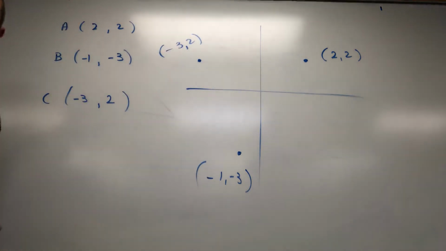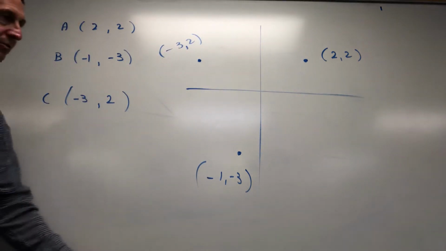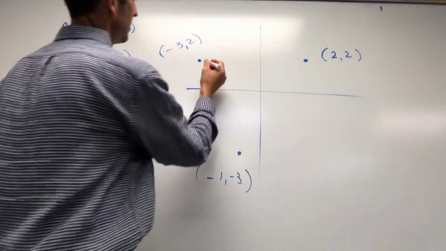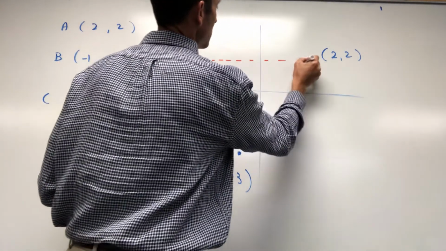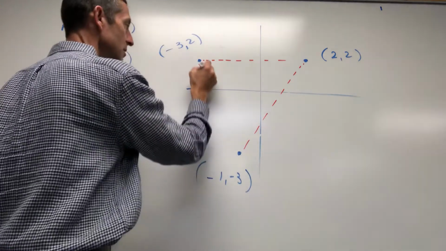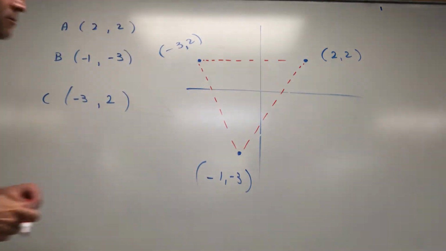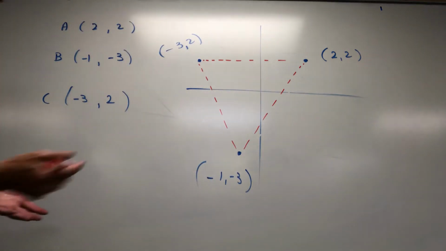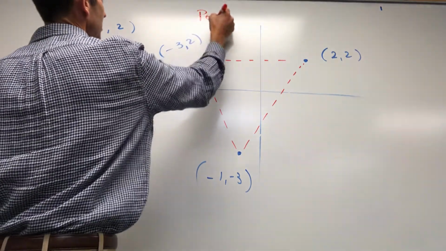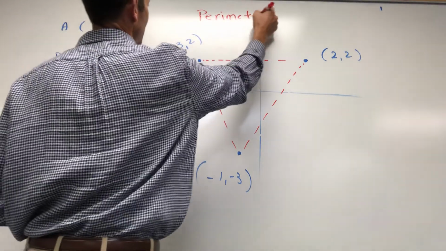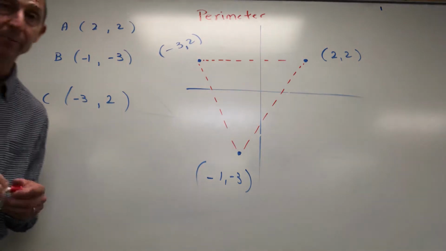So once you have your points plotted on your graph, let's see what we've got here. So on this triangle on your graph, what you're asked to do is to find perimeter. So you have to recall what perimeter means.